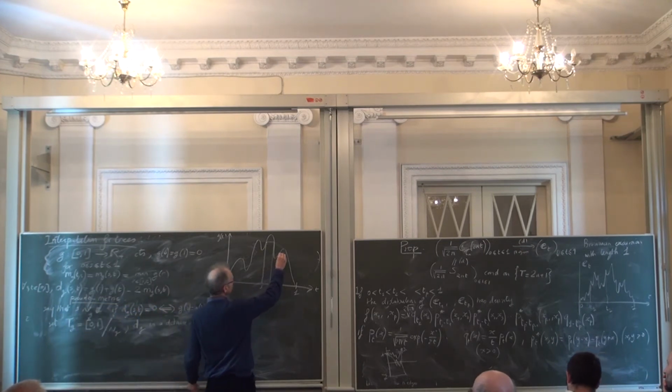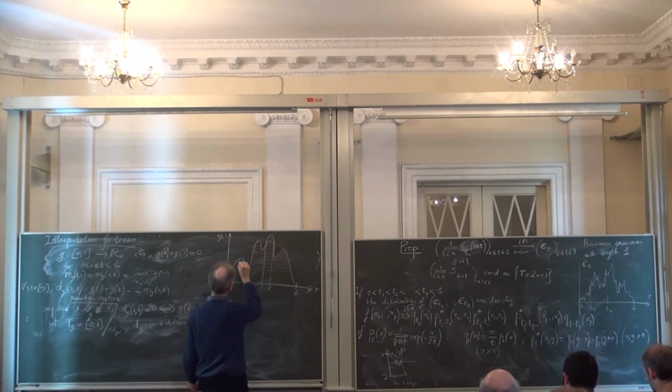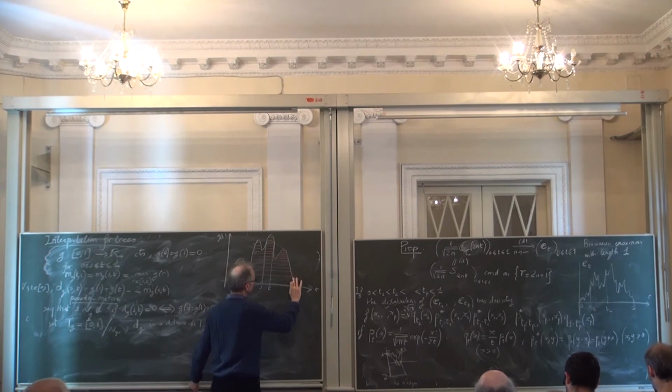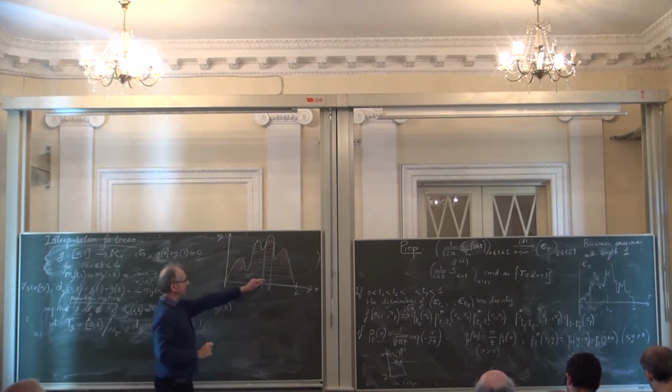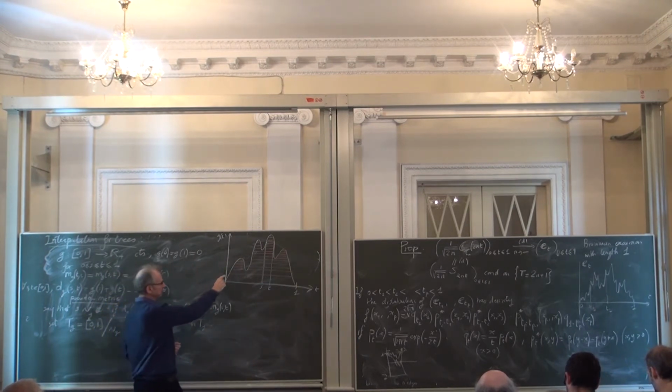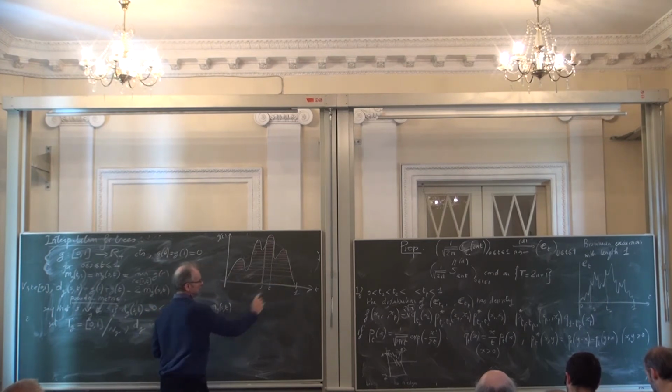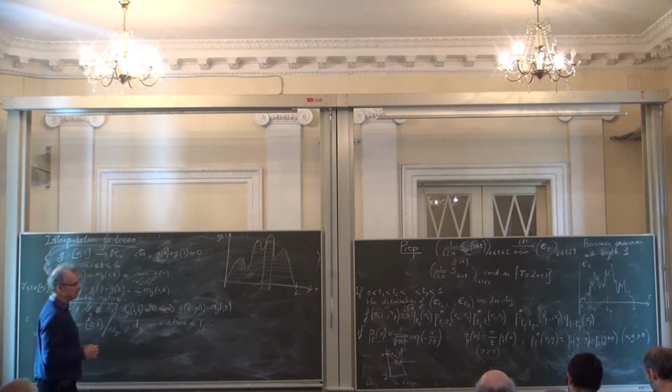So maybe I can explain a little bit more on the picture what we are doing. Essentially, we are drawing all horizontal chords like this below the curve, and for each of these chords, we identify the two points which are the ends of this chord.